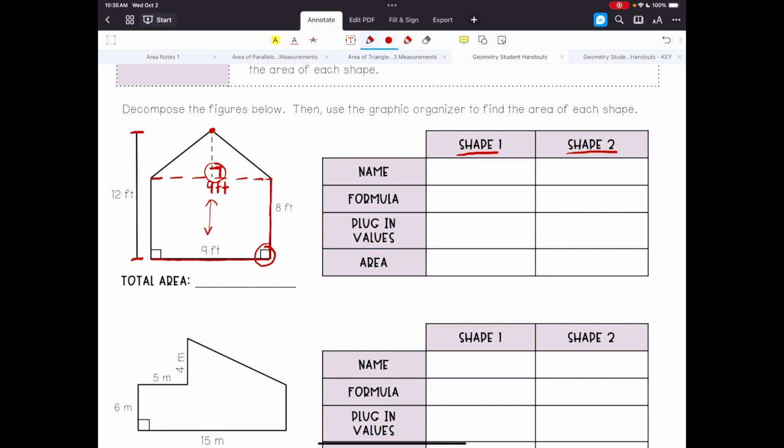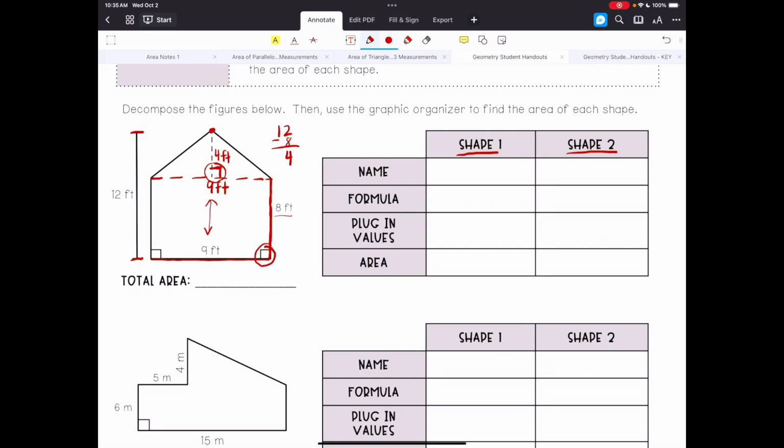The height of our parallelogram over here is 8 feet. So we're going to have to subtract 12 minus 8 to find my 4, which is the height of that triangle. And so that's the first thing I always want to do: label all the little pieces. I need to find all the heights and the bases and the sides of all these simple shapes.